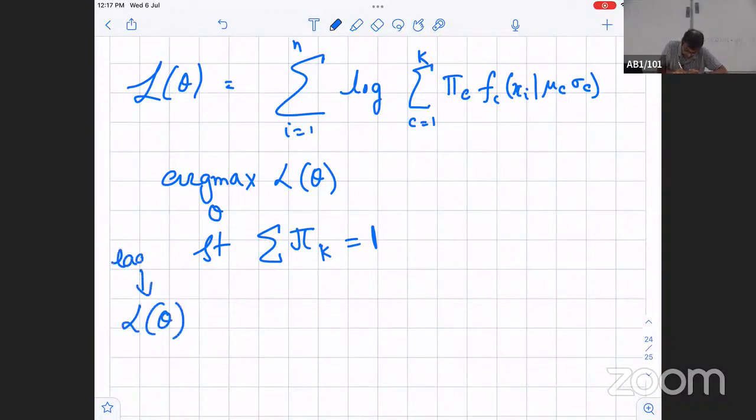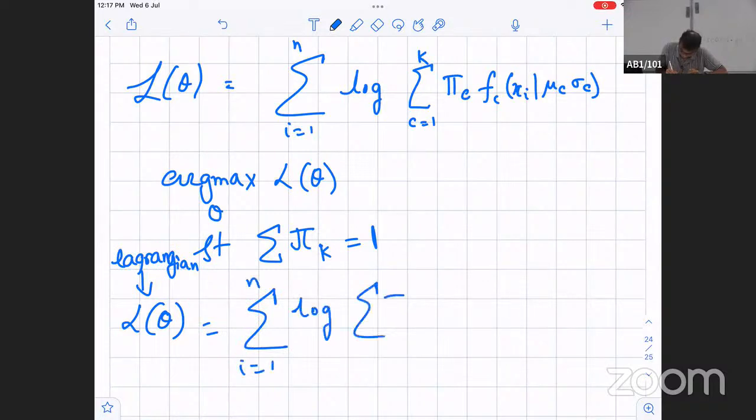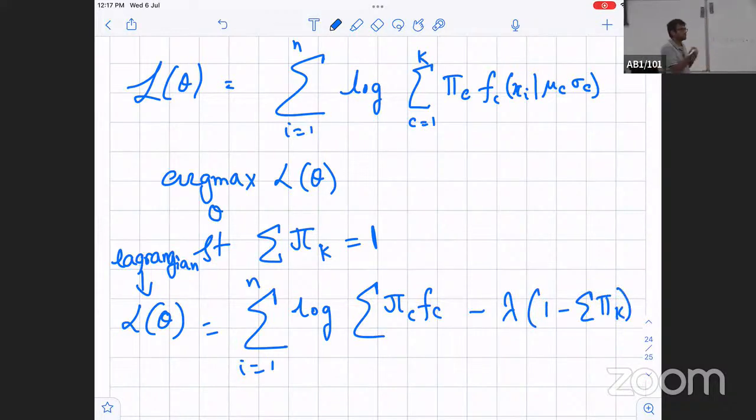There is no way around this, just believe me that it is just this: log of the summation of pi c f c as before, nothing new, minus lambda times 1 minus the summation of pi k. Lambda is a parameter that we need to choose. So the constraint I have put as part of my objective itself.